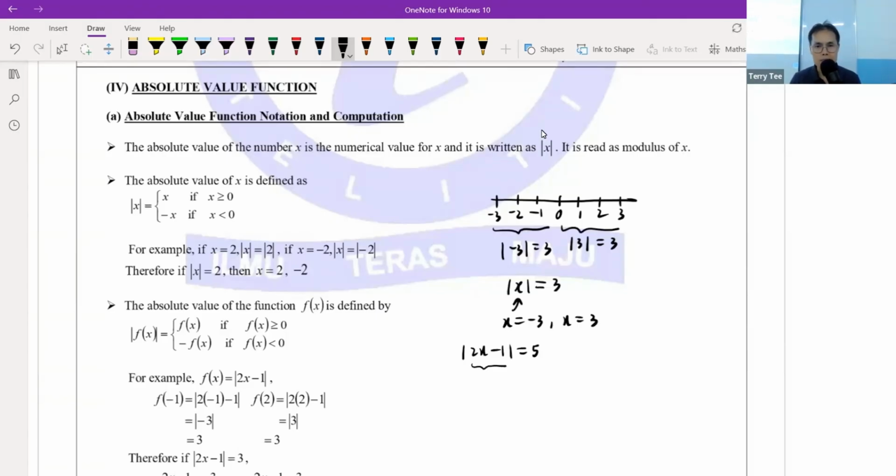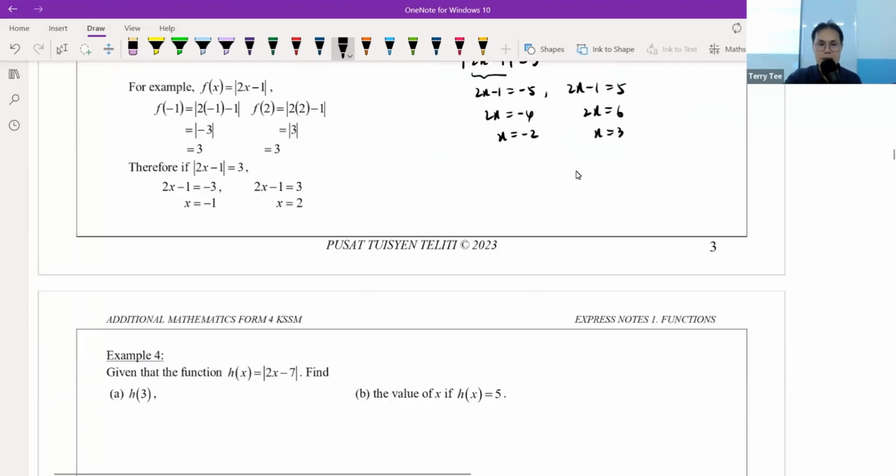When you open up this modulus, the 2x minus 1 inside can be negative 5. It can also be positive 5. You just bring it over. This is negative 4. Divide by 2, you get negative 2. You bring this over. This is 6. x is just 3. Yeah, 2 possibilities. All right. You remember the idea of modulus. Pretty simple.